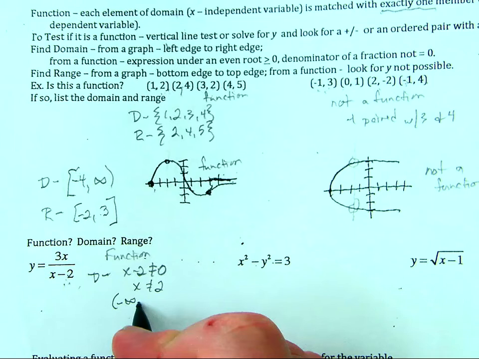Now the range. Here you have to just think about, could this graph just keep going up? Could it keep going down? Probably the easiest way to do that would be to graph it. If you graph that on your calculator, that'd probably be the easiest way to tell.